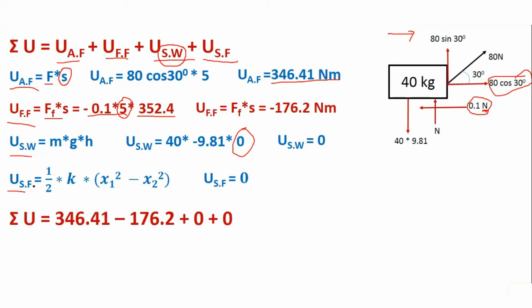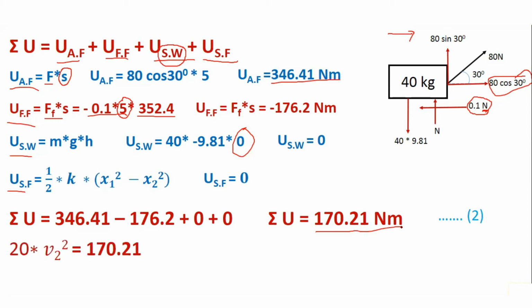So adding this work done, I will get summation of U is equal to 170.21 Newton meters. This will be our right hand side, that is equation number 2. Now applying the work energy principle, which says that the change in kinetic energy should be equal to the summation of work done, I will just equate it.